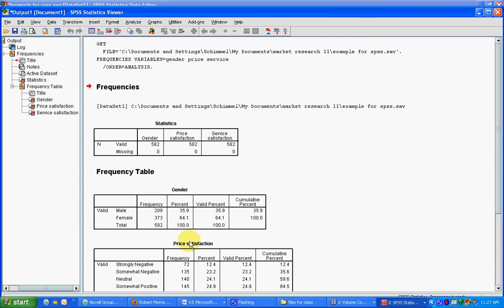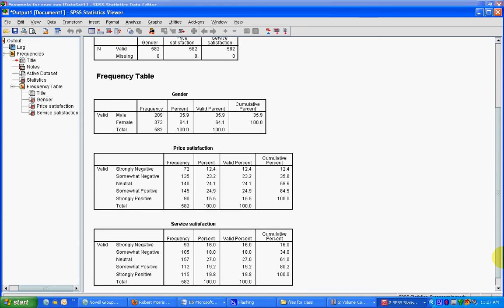So based on these tables, you would be able to quickly show and explain how many were negative, how many were positive, and within each of these categories how many there were and what percentage of respondents are in each group. So you're able to do a very quick descriptive on what the results say.